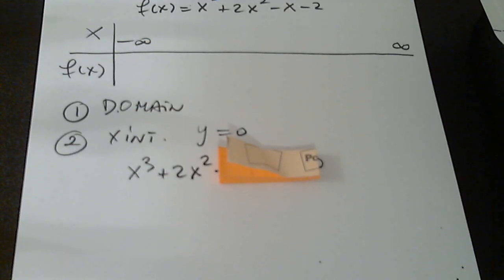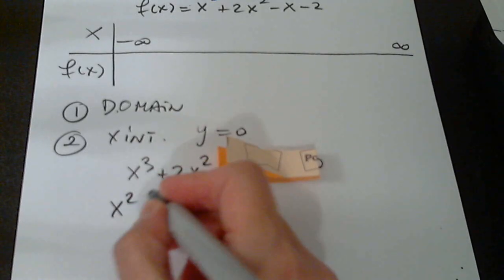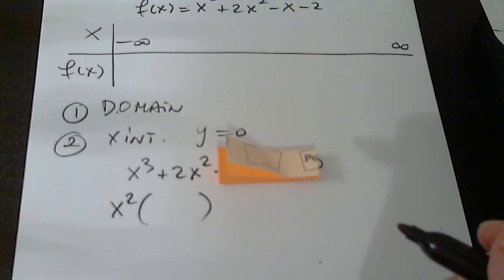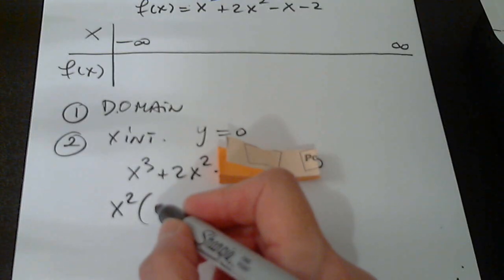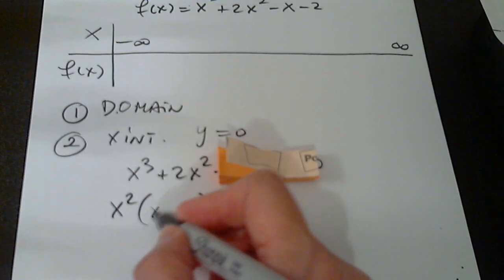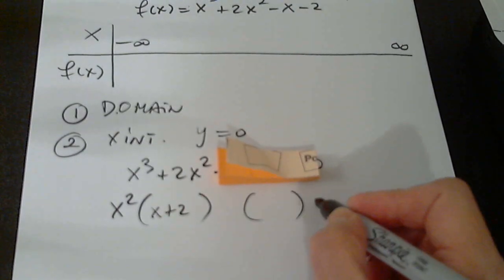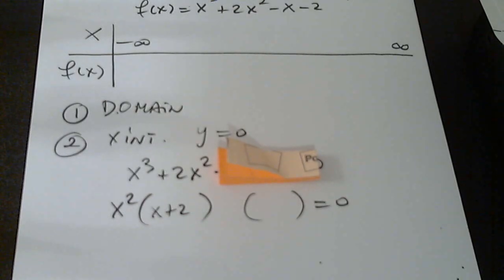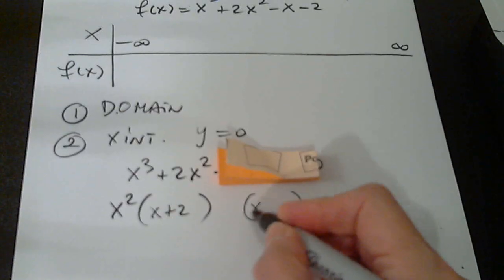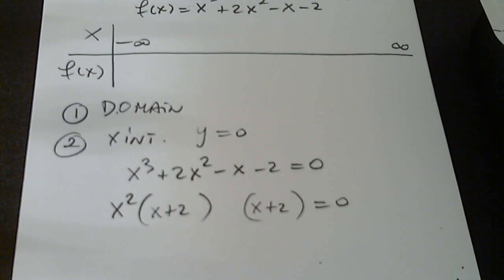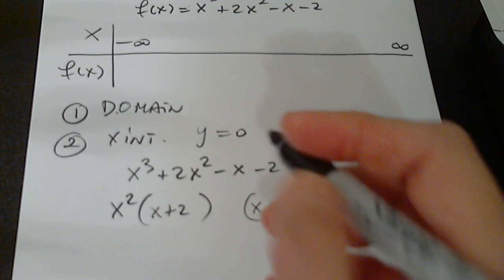What will you factor out from the first two? x squared. Good. What is left in parentheses? x plus 2. Very good. What should be left in parentheses from the other two? x plus 2. Indeed. Excellent. So then what do we factor out? Negative 1.